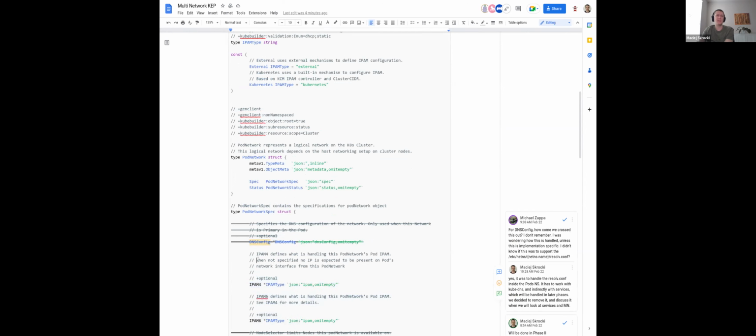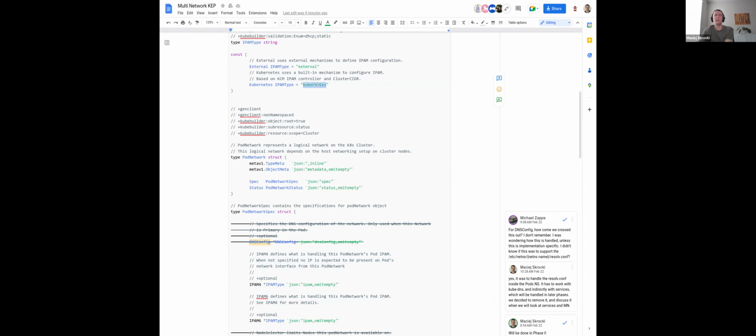So when it's not specified, that means we do not expect an IP on a specific interface from this pod network. So we basically have three options for how this can be configured. You can specify external, which means you use a non-built-in mechanism to configure the IP, but you have to configure an IP on the interface.